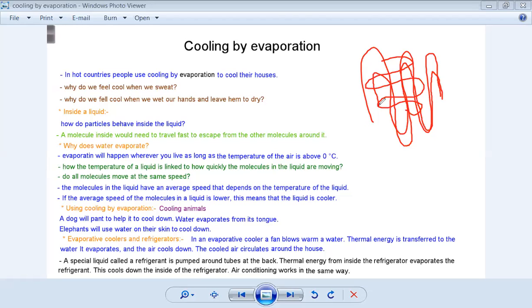Why is the freezer colder than the fridge? Is it because more gas or more of this substance goes to that place? This is because of the temperature. The freezer is designed with very low temperature, below zero, and the other one with a little bit higher temperature, between 1 and 5 degrees.